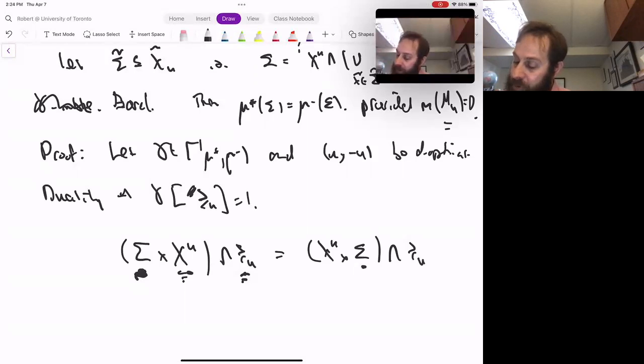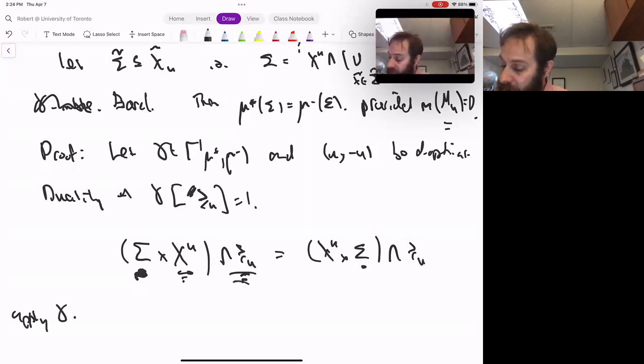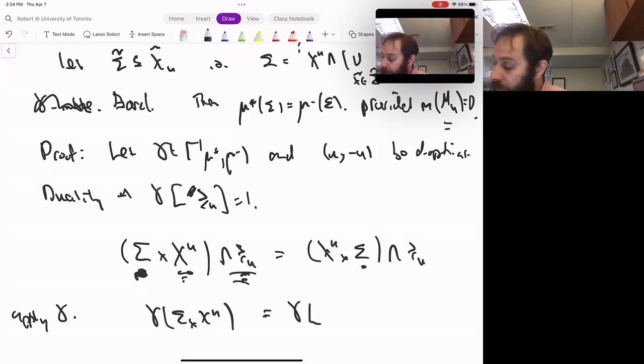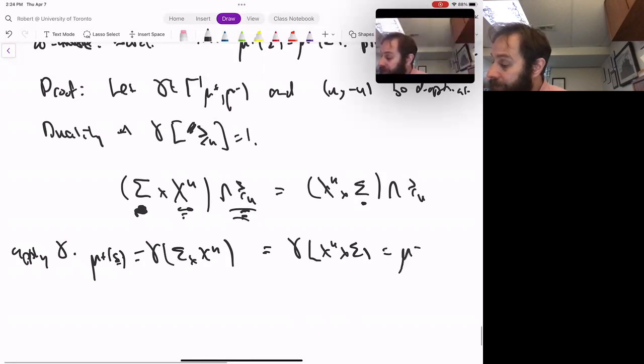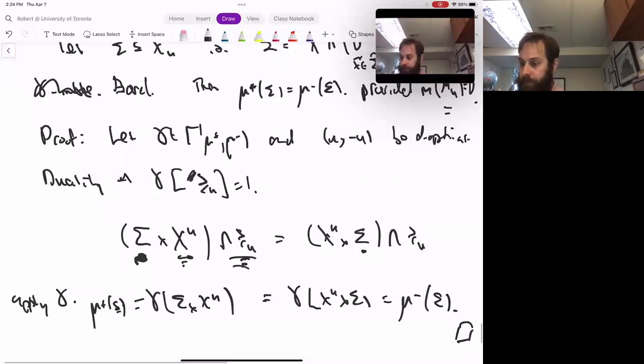And so now if I apply gamma, this is measure 0, and so I get gamma of sigma cross U is equal to gamma of U cross sigma, but this is mu plus of sigma, and this is mu minus of sigma, because those were the marginals. Any questions?